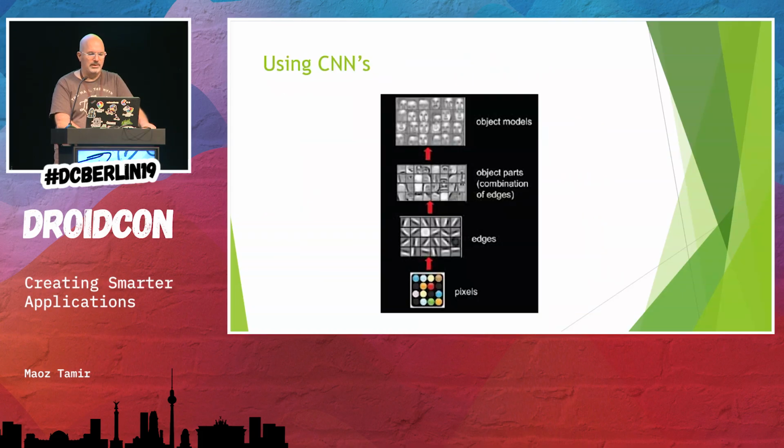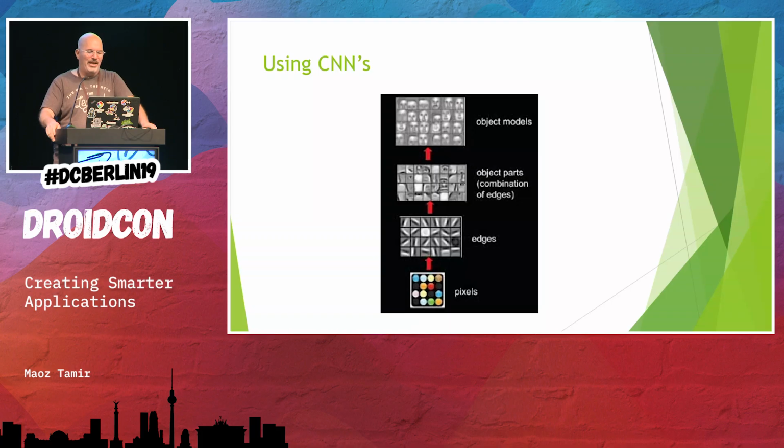Okay. So remember I talked about retraining the model. The model that we usually use for identifying pictures is called a CNN, which stands for Convolutional Neural Network. I'm not going to go into detail in this session because it's a very, very long subject.